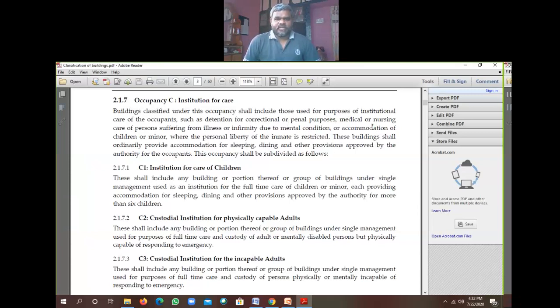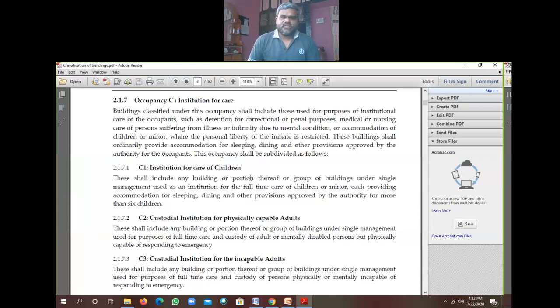Medical or nursing care for those suffering from illness or infirmity due to mental conditions, mental hospitals, or accommodation of children or minors, where the personal liberty of the inmate is restricted. The buildings shall ordinarily provide accommodation for sleeping, dining, and other provisions approved by the authority for the occupants. This occupancy shall be subdivided into five types.